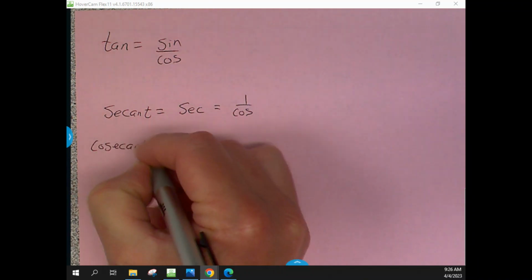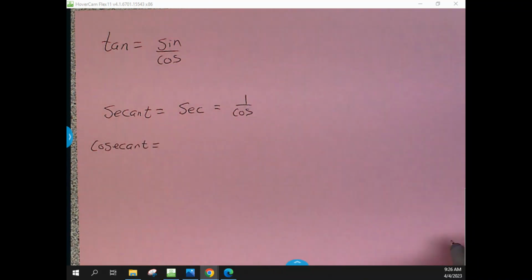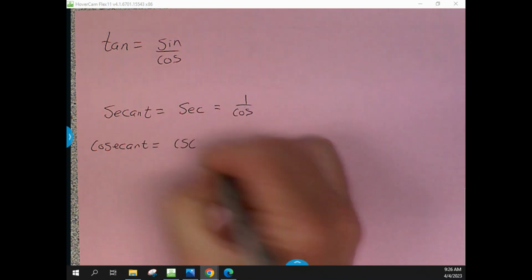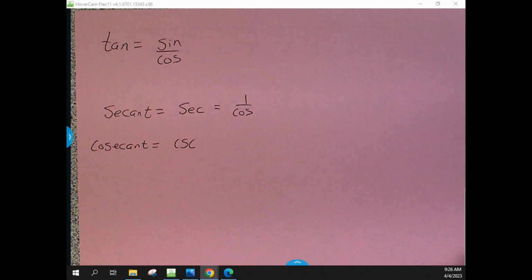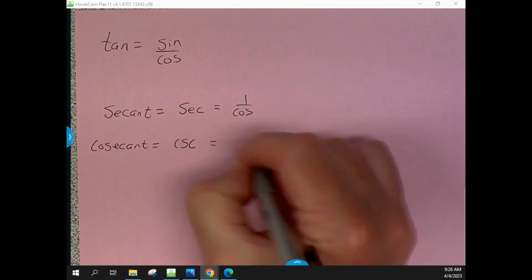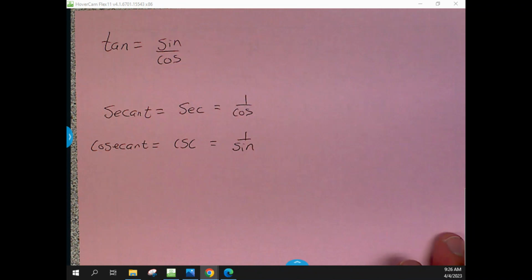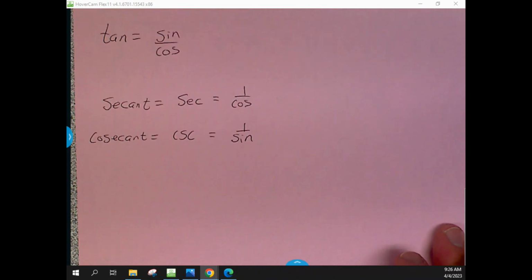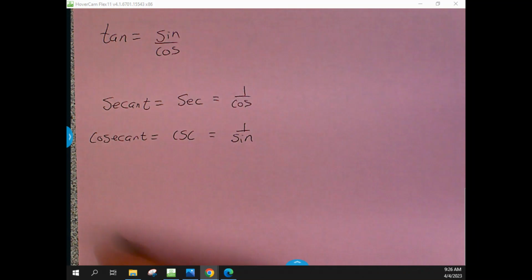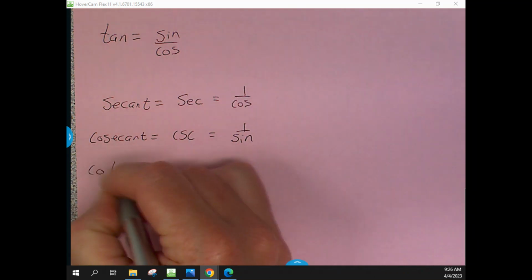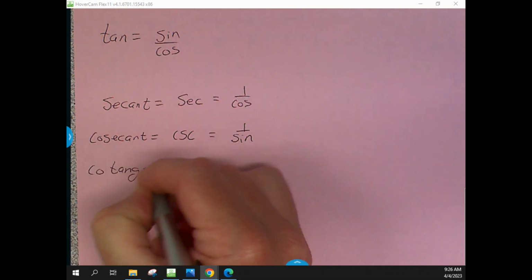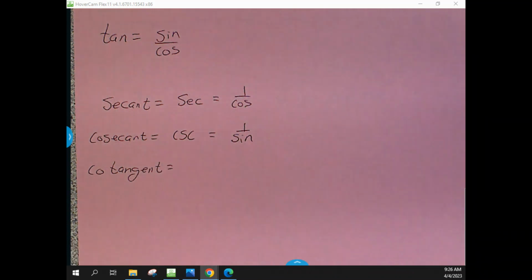If you do cosecant, the abbreviation for cosecant is CSC. And cosecant is the inverse of your sine, which is 1 over sine. So you got secant, cosecant, and cotangent.